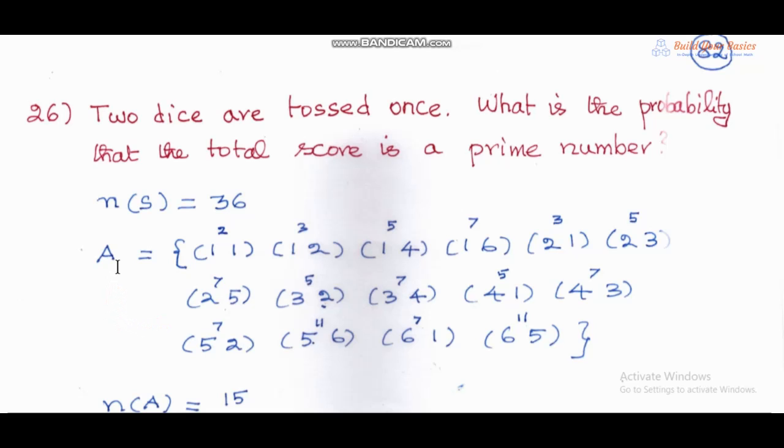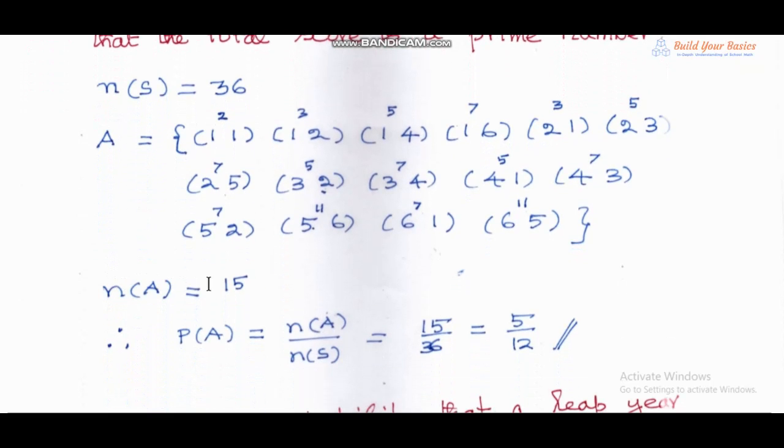So the event A of getting a total score which is a prime number is described by the event A. Now number of elements in A is 15. So probability of A is number of elements in A, that is 15, divided by number of elements in the sample space, that is 36. That's equal to 5 by 12.